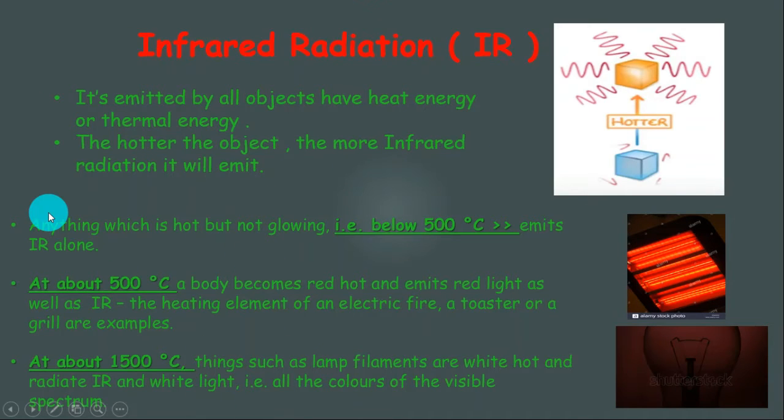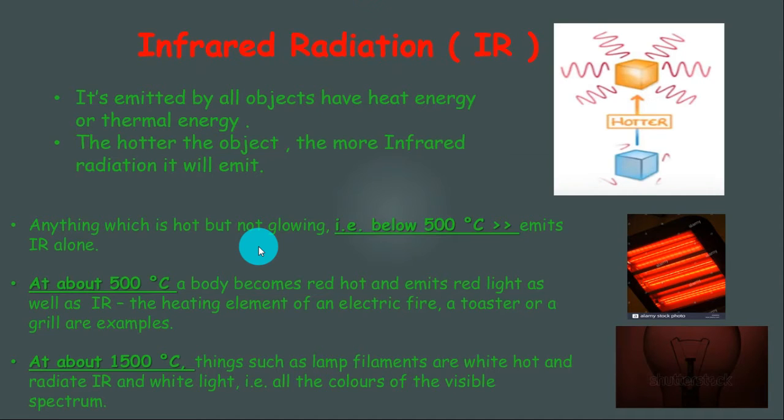Let's see how different objects emit infrared radiation. Any object which is hot but not glowing, with a temperature less than 500 degrees Celsius, for example our bodies or any object around you now, only emits infrared radiation.